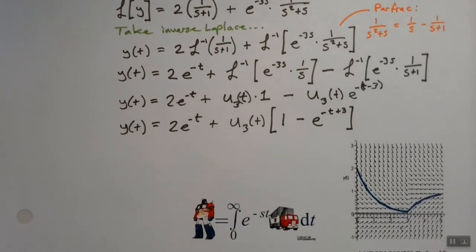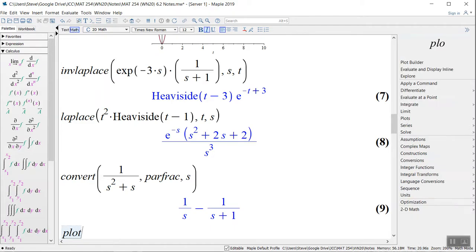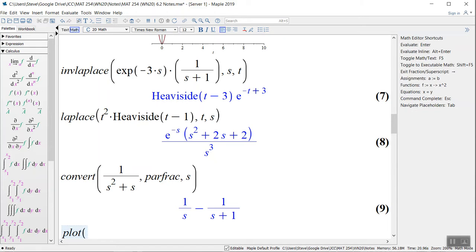And we can verify this if we hop onto Maple real quick and just say, hey, Maple, will you plot for us this graph? It's going to be 2 times the exponential of negative t plus Heaviside of t minus 3 times the quantity 1 minus exp of, I'll just write 3 minus t, make it easier on myself.